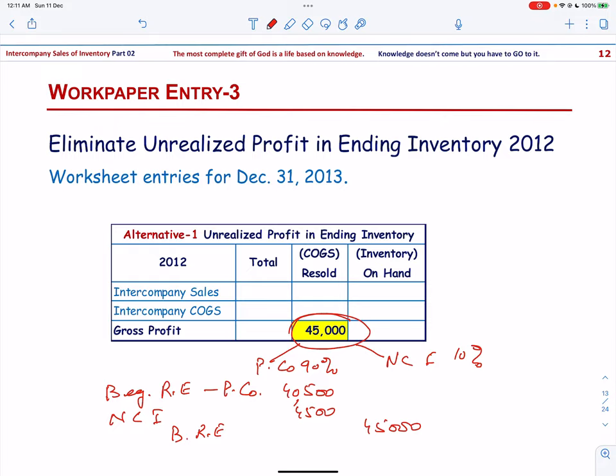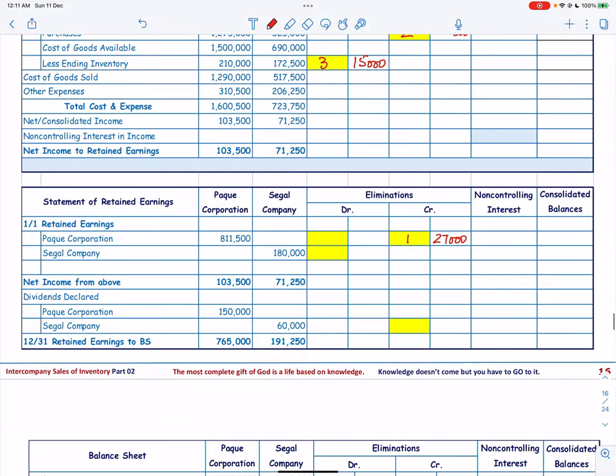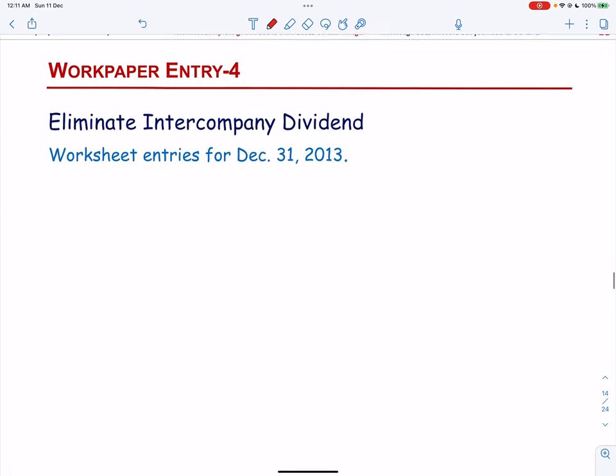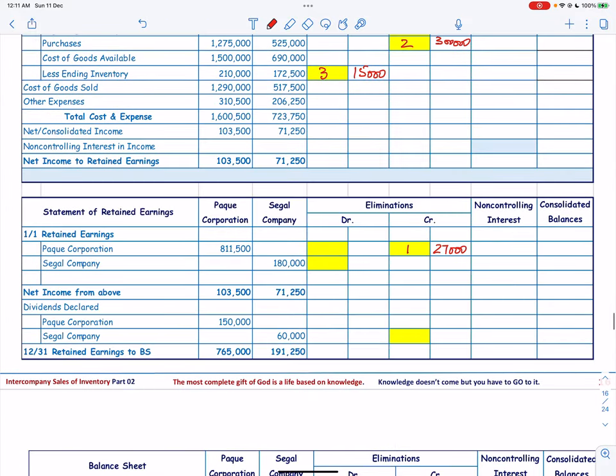And once again, let us record in the consolidated financial statement. So we have the beginning retained earning, and this was for whom? Beginning retained earning for the P company. So this is transaction number 4, and that is for 40,500.